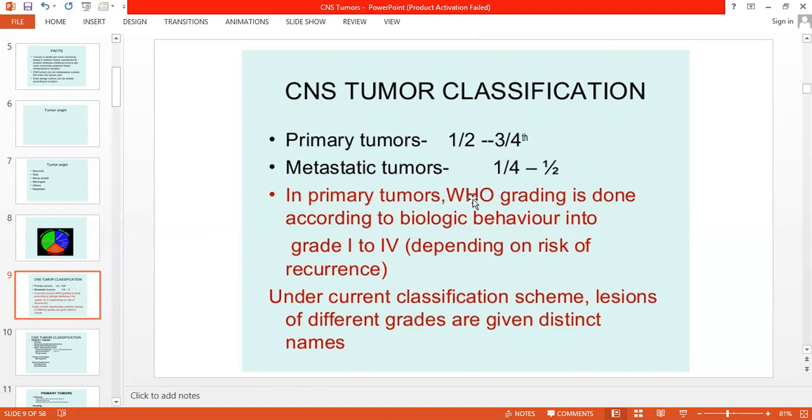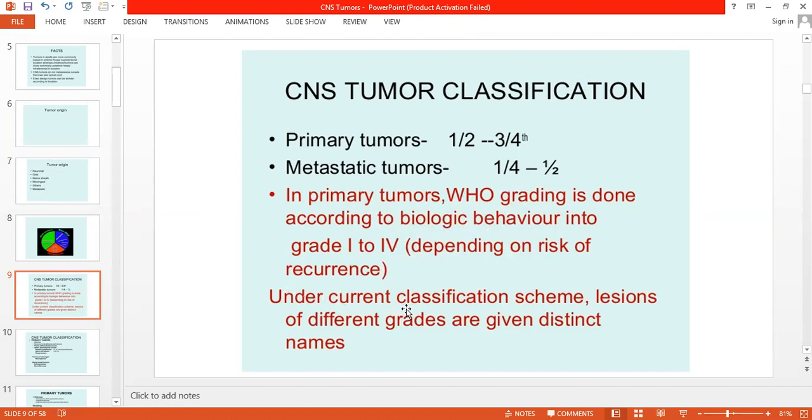Primary tumors are graded according to their biological behavior, grade 1 to 4. What is the biological behavior of a tumor? How quickly it is progressing, how quickly it is damaging the surrounding structure, how quickly it is developing its own blood circulation, angiogenesis, and its tendency of recurrence.